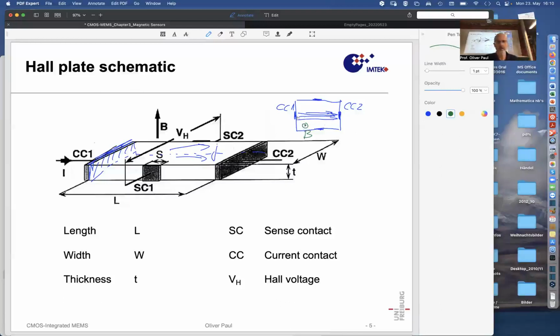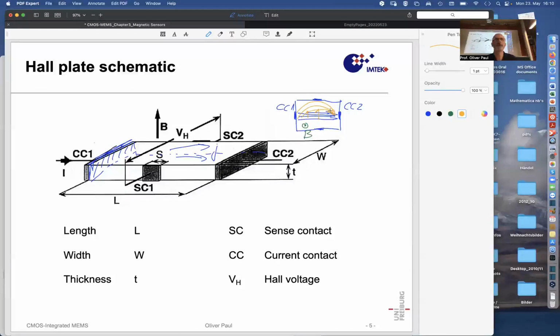Then V cross B makes something in this direction, but we have minus Q in front, so they're all deflected upward. So let me show that. They're all deflected upward, and then we have this current flowing in a deflected way. Ha, ha, ha. It's wrong.